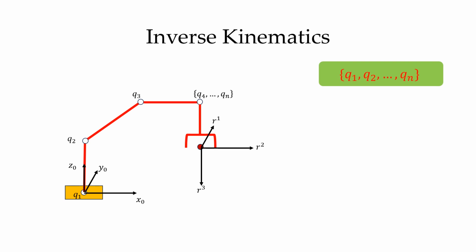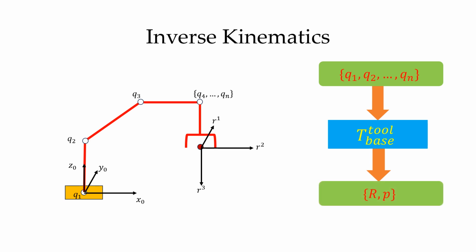So in direct kinematics, we were simply able to find the position and orientation of the tool when Q1, Q2, Q3, that means the joint parameters, were already given. When we substituted those parameters into the transformation matrix, we got the resultant orientation and position of the tool or end effector.